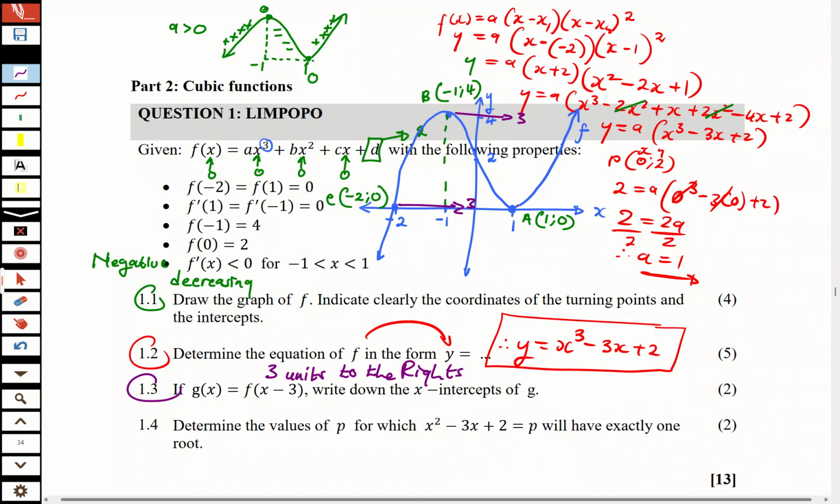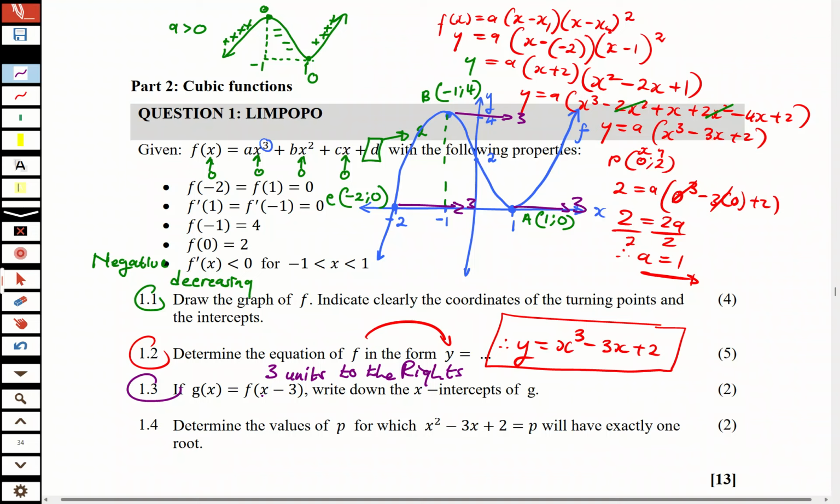You're moving each x-intercept or each value there 3 units to the right. But the y remains the same. You're not changing y because you're not shifting your function vertically. You're just moving it horizontally. So you're not changing y, but you're just changing x, guys.